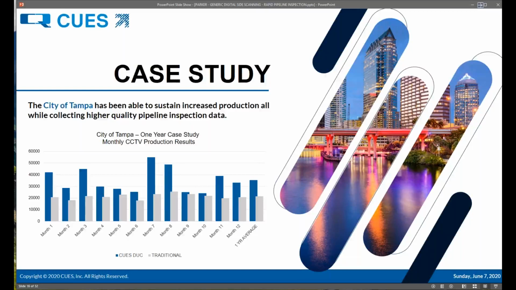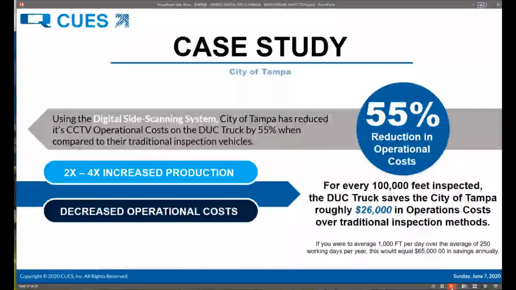So they're able to achieve that 2.2x increase while still parking the truck for an entire business day. So had they remained in service for all 5 days, they would have probably been closer to a 3 or 3.2x increase in production with the digital side scanning system versus traditional trucks. So it's a very reliable product in terms of gaining production, sustainable.